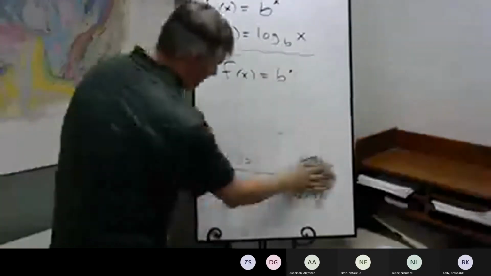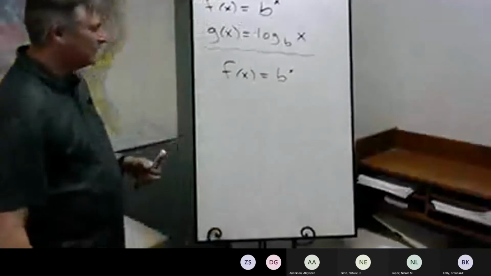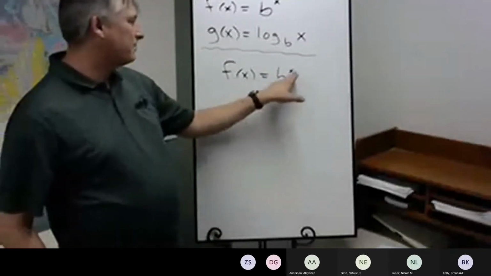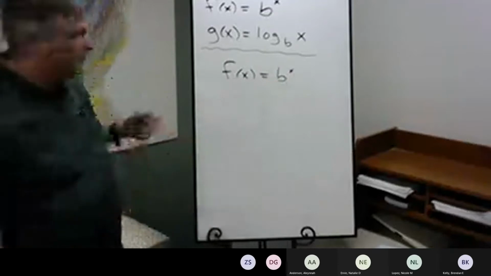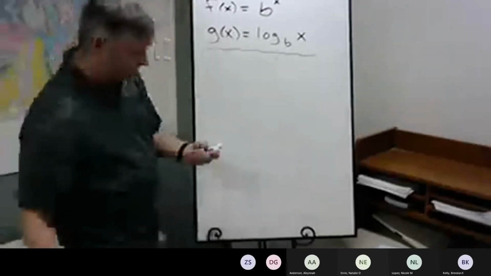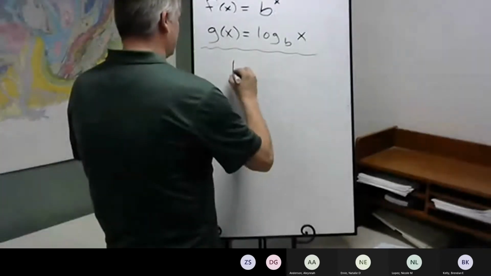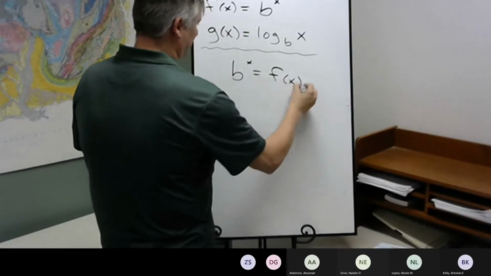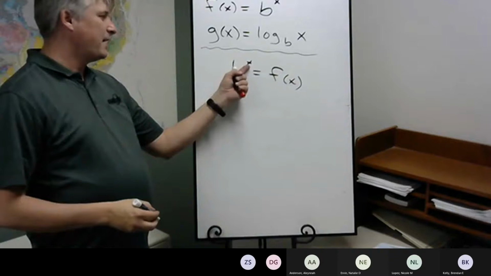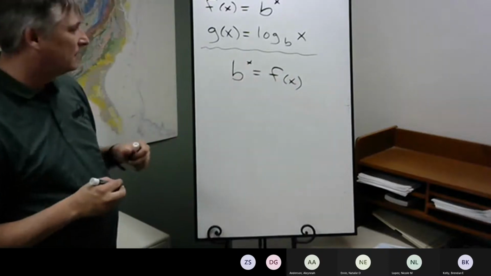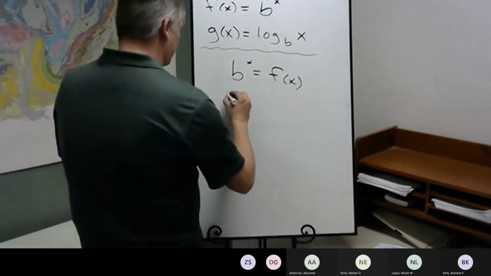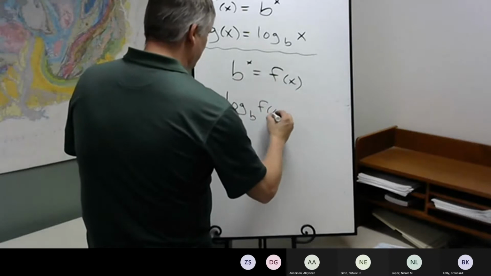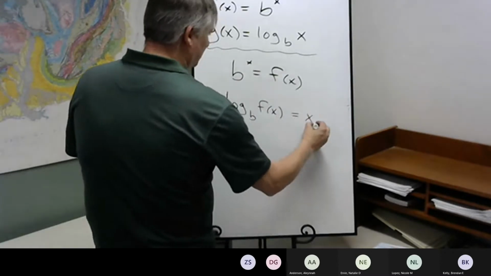Well, if we put this in logarithmic form, our base, our power, our number. Base, power, number. So that means the logarithmic form will be log base b of our number is equal to x.